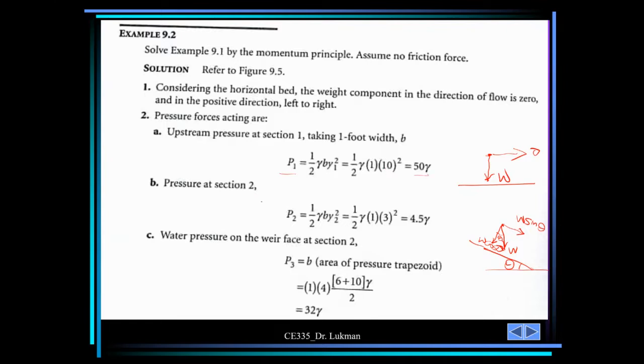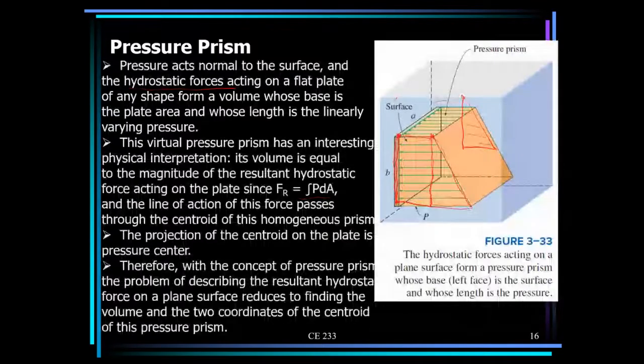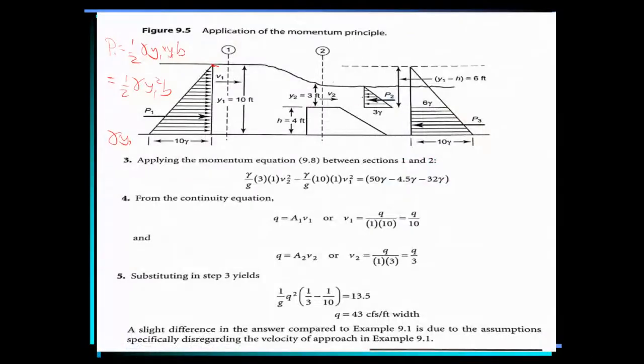Now for section 2, we do the same thing. This is section 2, and the pressure is hydrostatic. We have P2, and because y2 is 3, the base here is gamma y2, which is 3 gamma.